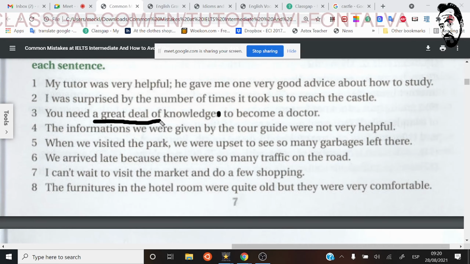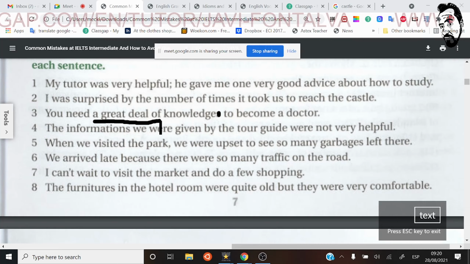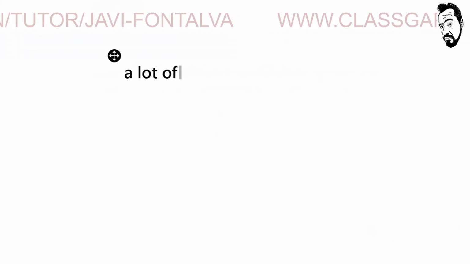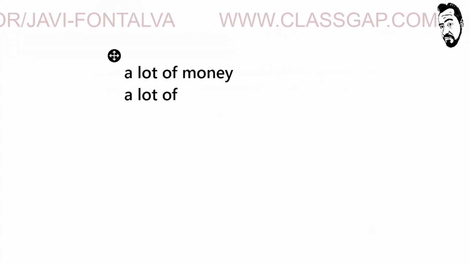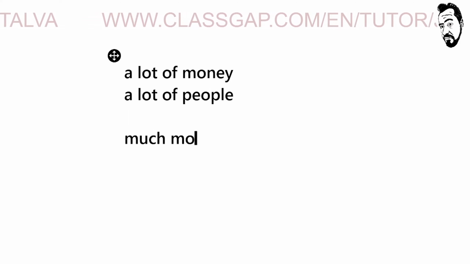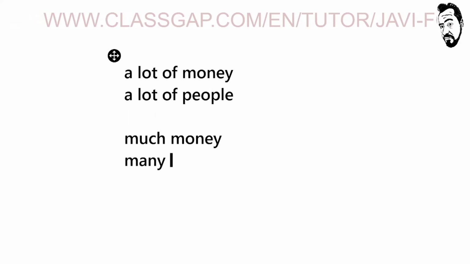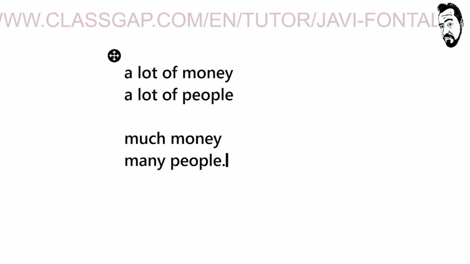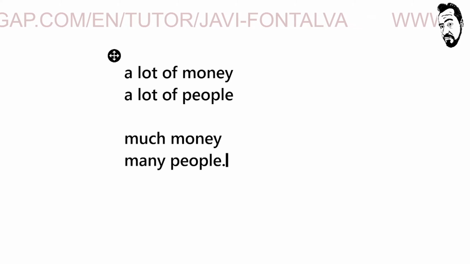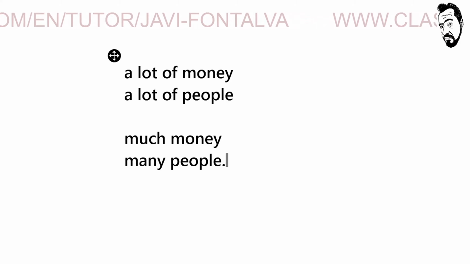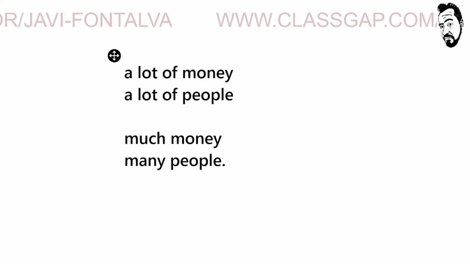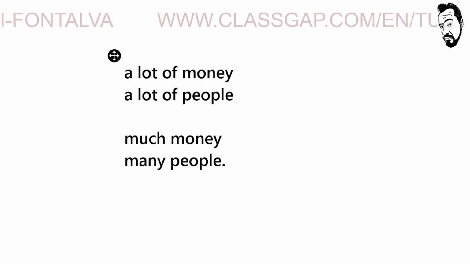So for example, let me show you. You can say a lot of money, a lot of people. However, you say much money, many people. You cannot say many money or much people. So some expressions can be used with everything. For example, a lot of, a great deal of, you can use with everything.